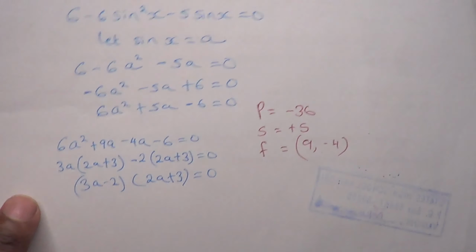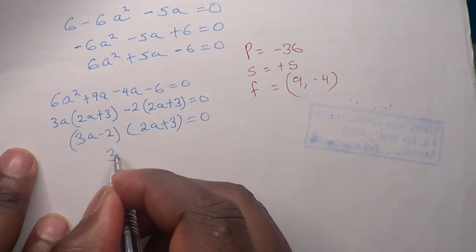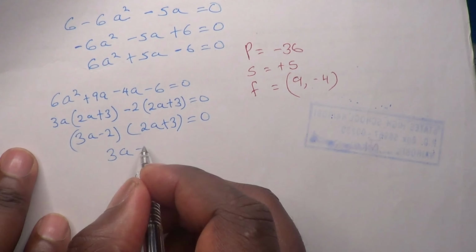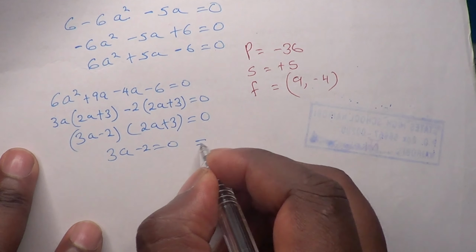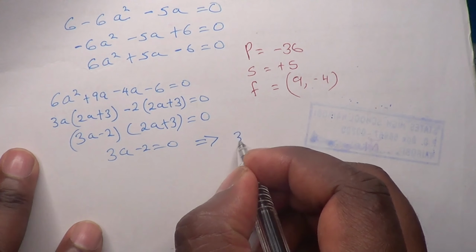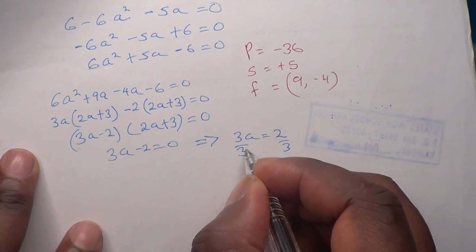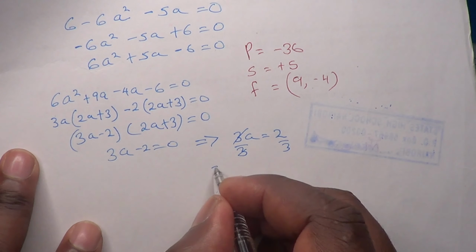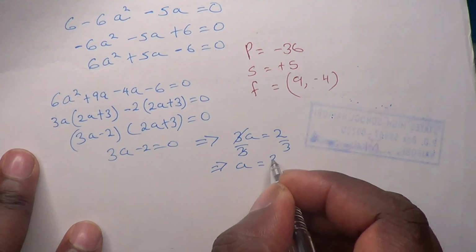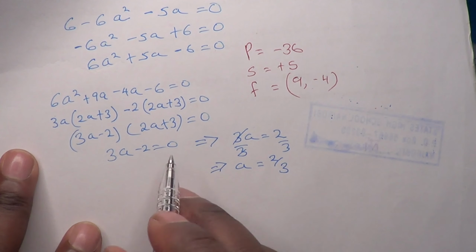So 3a minus 2 equals 0, which is the same as 3a equals 2; dividing by 3, a equals 2 over 3.